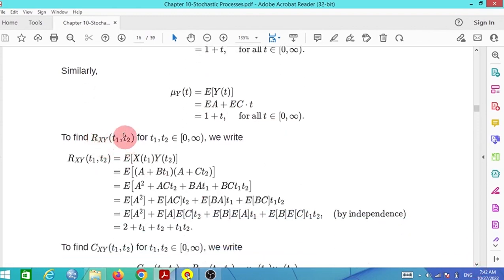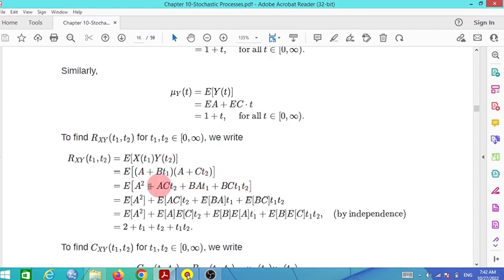So to calculate the correlation function, we must define the expected value of X_t1 multiplied by Y_t2. Replace X and replace Y, multiply this parenthesis by this.